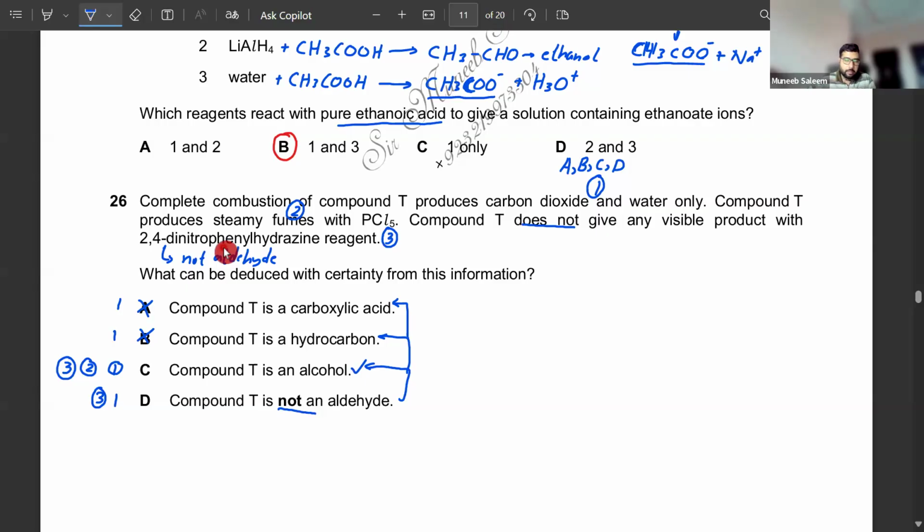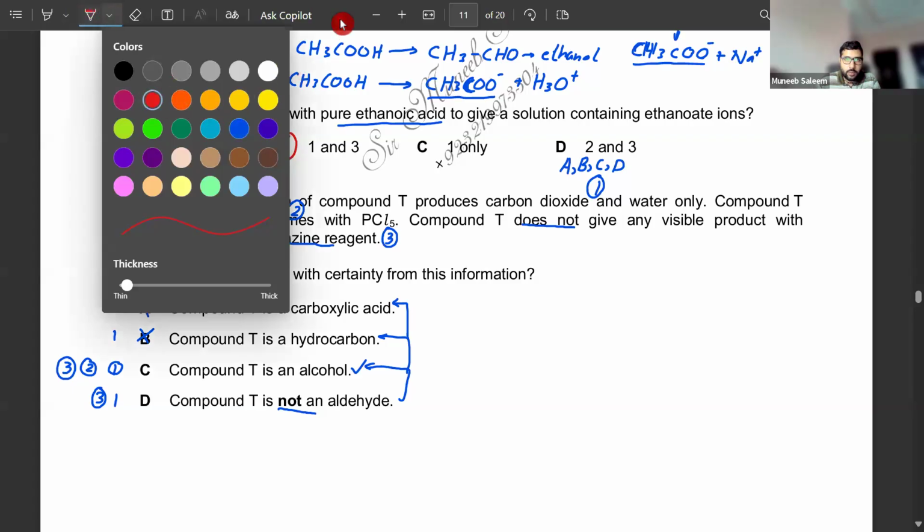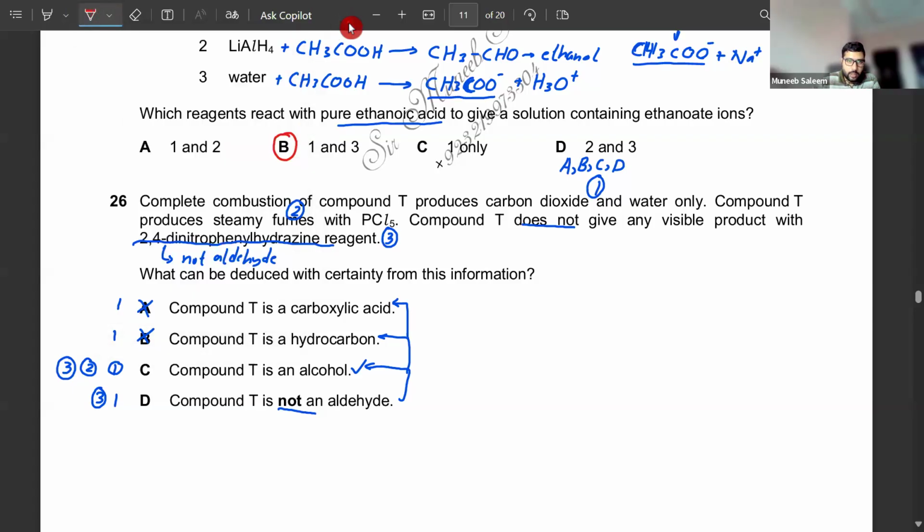Just by looking at the reaction with 2,4-DNPH, we can say it's not an aldehyde. So the correct option becomes D, even though the answers are very confusing.